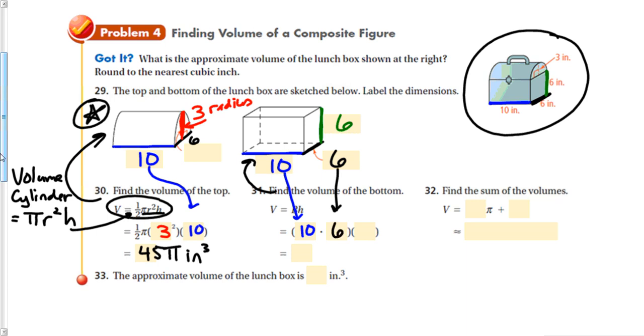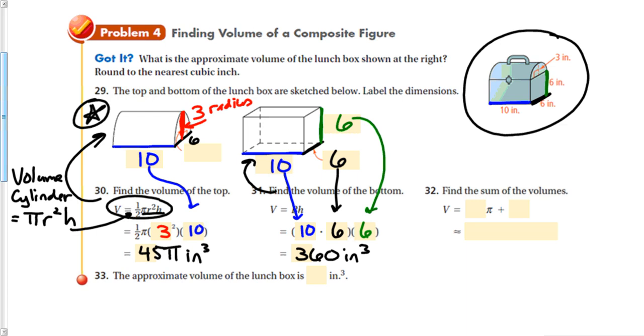That's the area of the base that I have written down so far. Then I need to multiply that by the height of the prism, which is 6. When I multiply those together, I get 360 cubic inches.